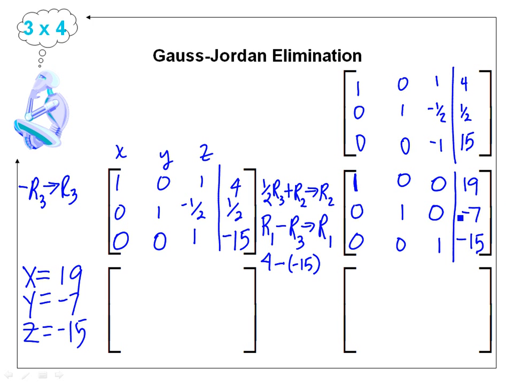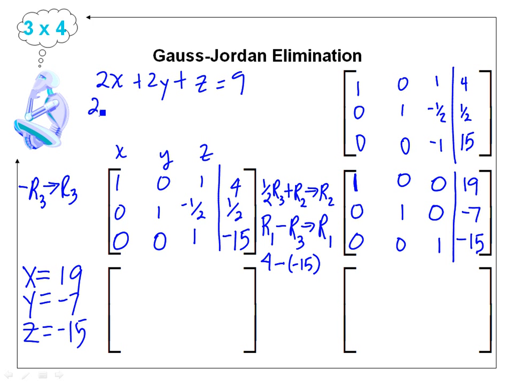Now, how can you check to make sure that these answers are right? Well, you can plug these answers into the original equations, and you have to plug it into all 3 equations. For example, let me just do one equation. The first original equation was 2x plus 2y plus 2z, well, z equals 9.